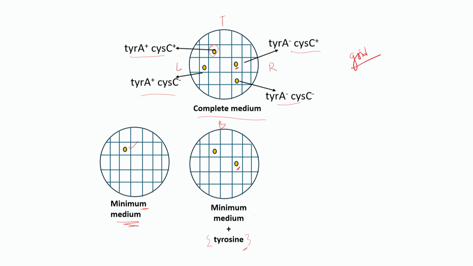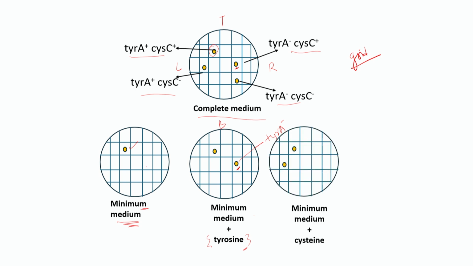So you identified the first colony as a wild type colony. You identify this colony as one which looks definitely deficient for tyrosine, right, because it is not able to grow here, but it is growing in the tyrosine supplemented plate. And now when you add cysteine, you start seeing another colony.